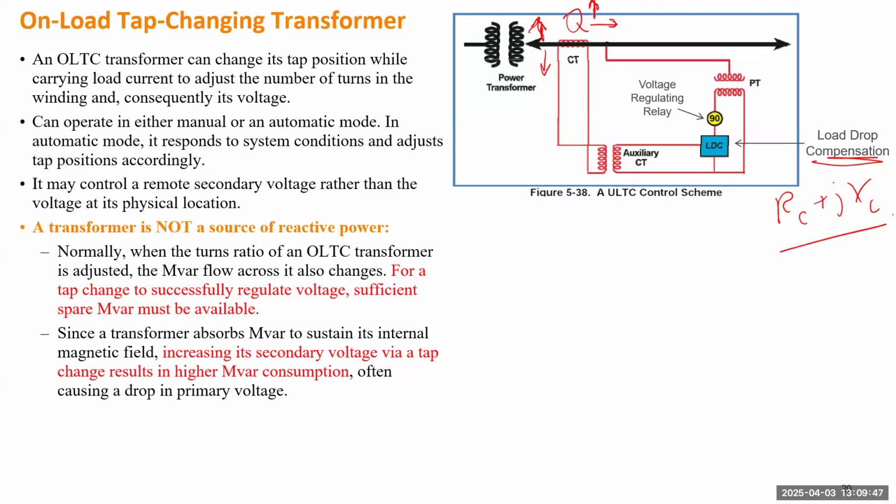But if the primary side is very weak and this Q doesn't necessarily go up, it's a very large drawback for using a tap changing transformer in voltage stability control.